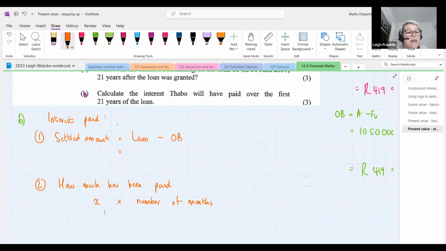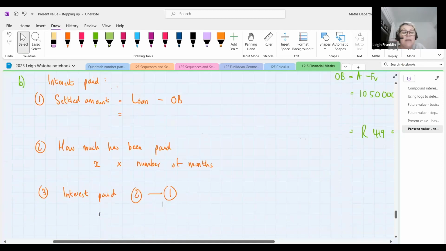All right. The interest that has been paid is the difference between these two. Okay, Kamogelo, it's number 2 minus number 1.